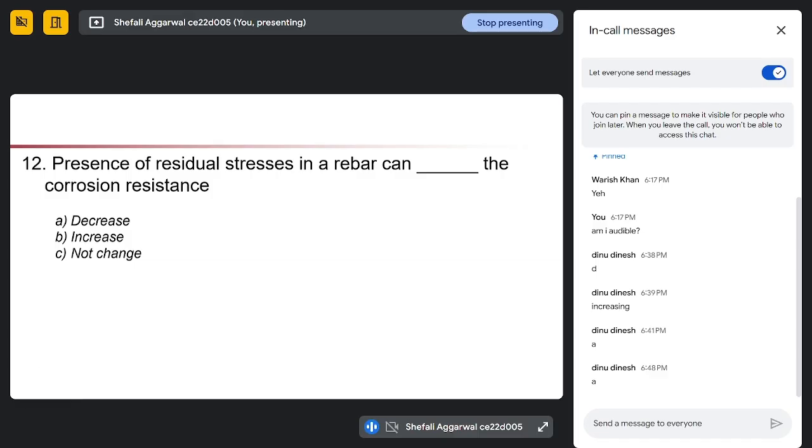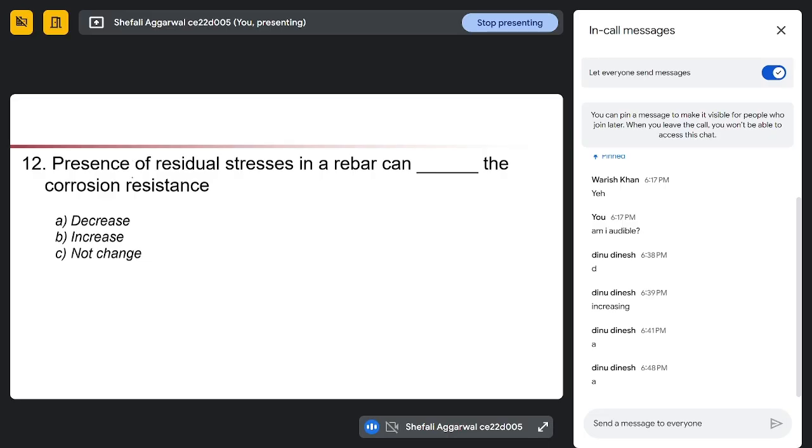So next question is, the presence of residual stresses in a rebar can decrease, increase, or not change the corrosion resistance. Whenever there is some stress present in our rebar, what will happen?